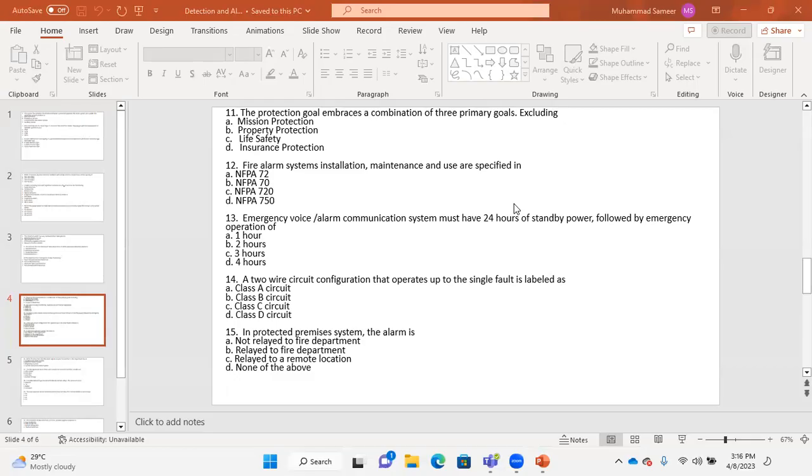All other systems require 24 hours of standby power, followed by 5 minutes of alarm. Emergency voice and alarm communication system requires 2 hours of emergency operations. A two-wire circuit configuration that operates up to a single fault is labeled as, yes, we have A. Anyone else?